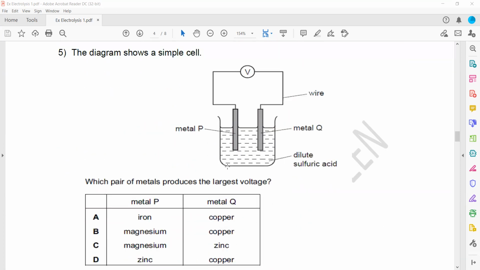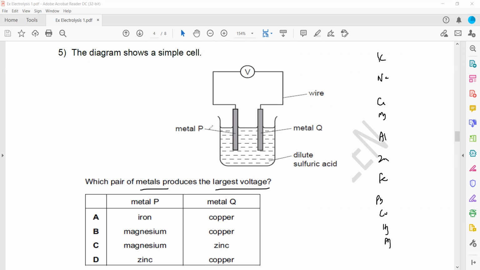The diagram shows a simple cell. Which pair of metals produces the largest voltage? So we have to check the reactivity. We have potassium, sodium, calcium, magnesium, aluminium, zinc, iron, lead, copper, mercury, silver.